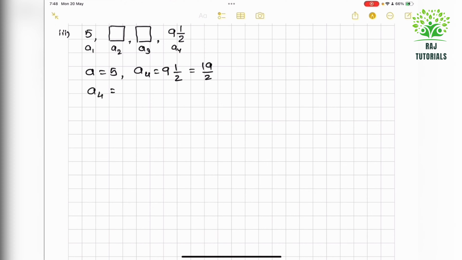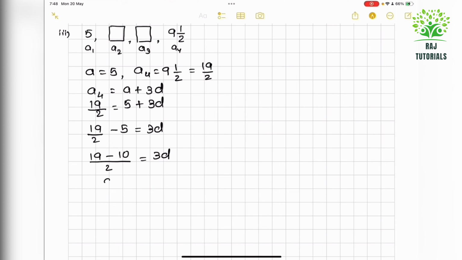Now A4 will be a plus 3d. 19 by 2 equal to 5 plus 3d. 19 by 2 minus 5 equal to 3d. Doing LCM, 19 minus 10, so 9 by 2 equal to 3d. 3 is in multiplication, so here it will be in divide. So d will be 3 by 2.